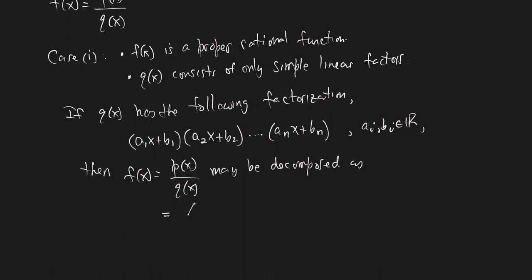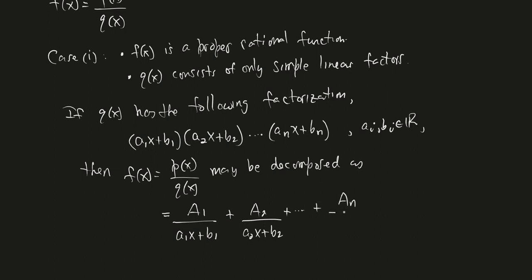We can have a constant over the first simple linear factor, a1x plus b1. And notice I'm using an uppercase A, so it's not this a, it's a different number. And then plus A2 over the second factor, a2x plus b2, and so on up until we get to this last factor.